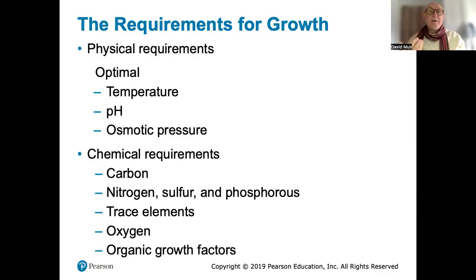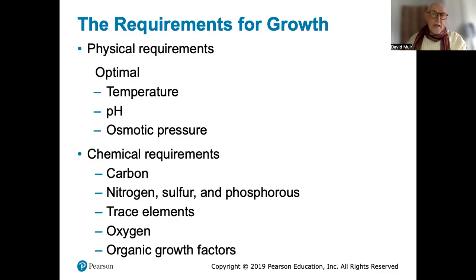Different bacteria have different optimal temperatures they grow at because of the enzymes. Different pHs, optimal pH, for example, that they grow at because of their enzymes. But the whole organism itself may have conditions upon which it depends, and there are optimal conditions, especially of things like osmotic pressure, under which the whole organism operates.